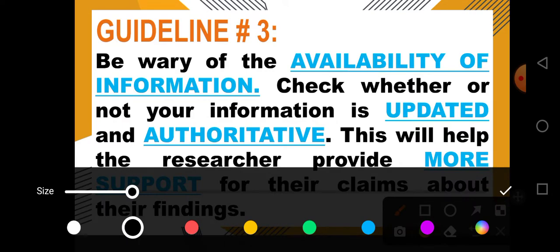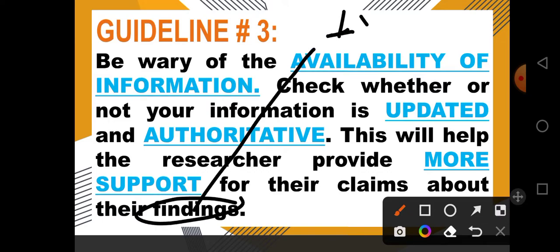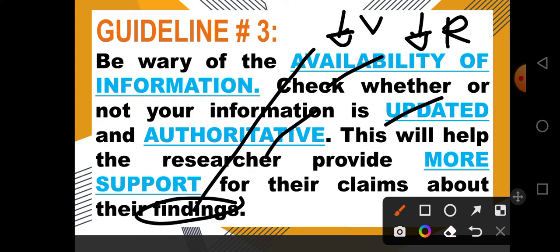And another thing, class, if you don't have any support from the well-known authors or well-known professionals, then your findings can produce low validity and low reliability. Okay? So the importance of being wary about the availability of updated and authoritative information is for you to have findings that will produce higher validity and higher reliability. Okay? So that is our third guideline.